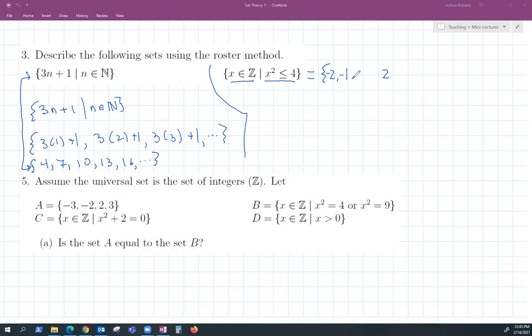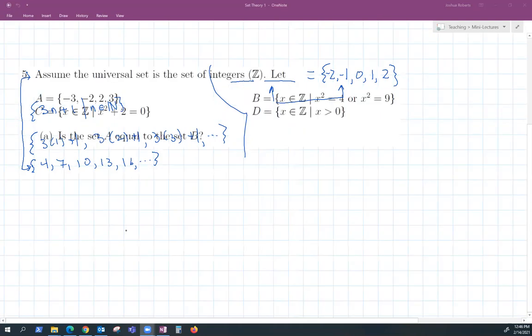Negative 1 squared is 1, that works. 0 squared is 0, 1 squared works. 2 squared I've already said is 4, 3 squared is 9, that's too big, and so that's it. So those two sets are equal: set builder notation and the roster method of writing out the elements of the set. Okay, moving on to the next problem.